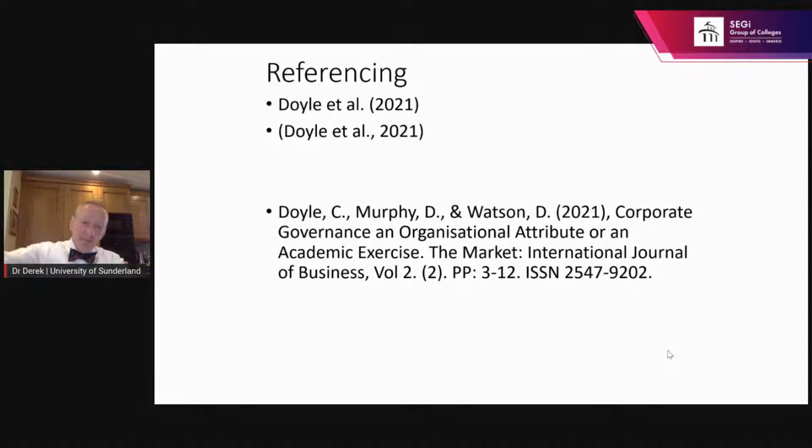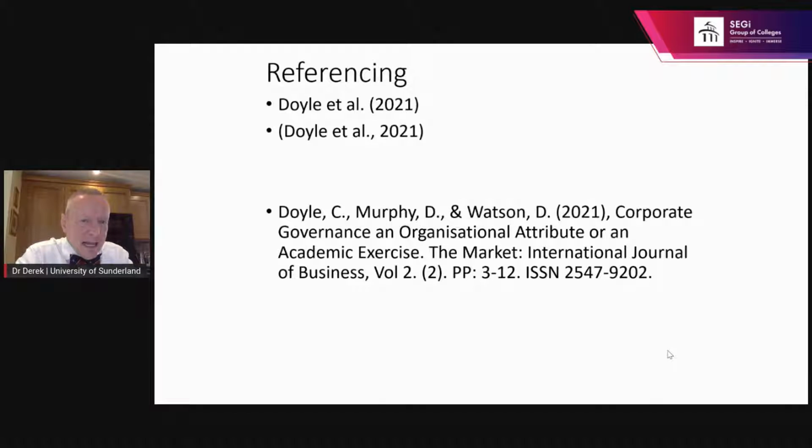And then at the end of the page, in your reference section, you've got the full list of authors, the journal publication, the volume, the issue number, the page numbers, and the ISSN number at the end. That is tight. Now, if you demonstrate thorough referencing, you will get stronger grades.